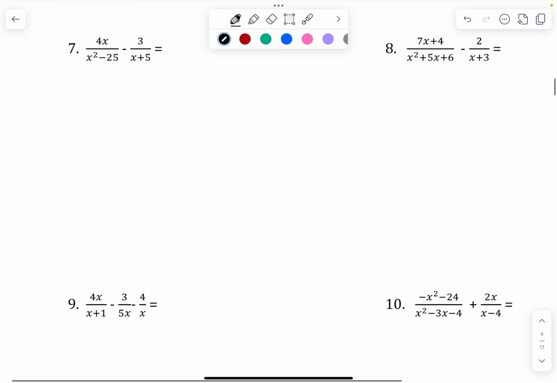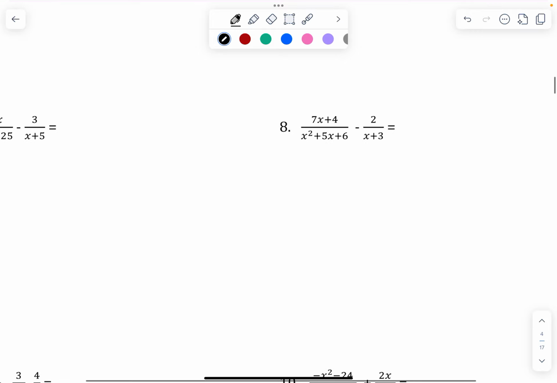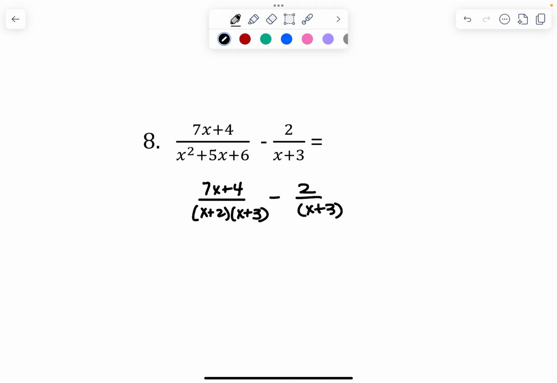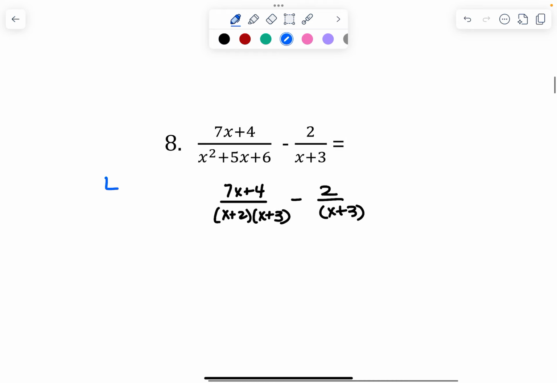Let's do number 8. First things first, factor everything that's factorable. So x squared plus 5x plus 6 factors to (x plus 2)(x plus 3). And so my LCD is going to need the x plus 3.